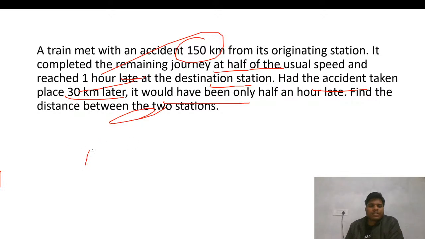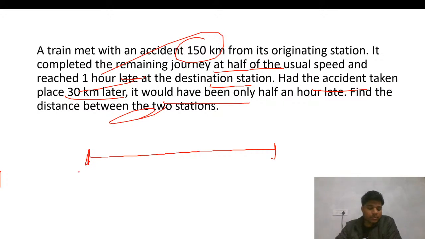Whenever you see this type of question, again one thing I'm telling, I have told this in classes many times: whenever you are dealing with TSD or any questions in your CAT preparation, never focus on the ratio concept. Ratio concept is there, that is right, but don't try to focus on the ratio or proportion concept that you may have seen in a lot of places. Find the distance between two stations.